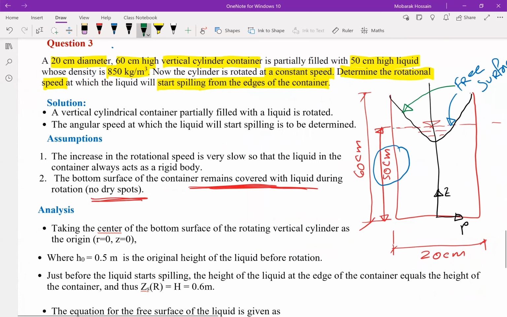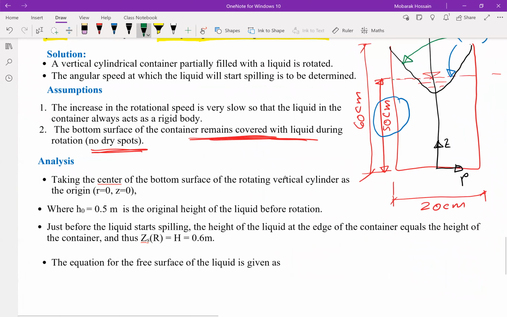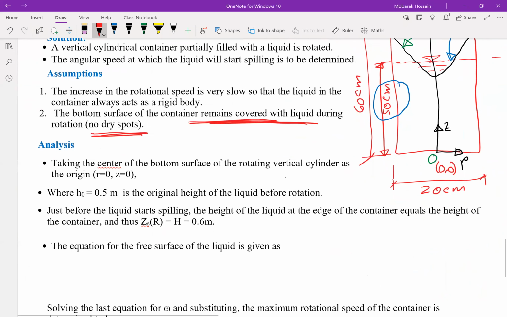So now we select the center here, and at this point your r equal to 0, z also 0, and they give us the original liquid height is h naught. So this 50 is basically your h naught, the original height of the liquid before rotation, and the maximum height of the container is given as 60 centimeter.